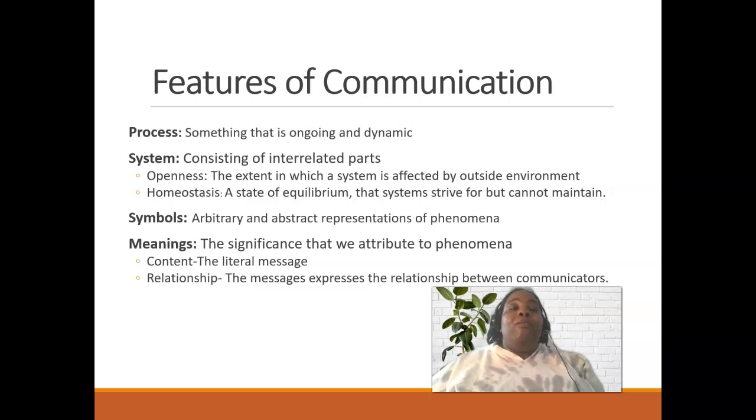But when we think of words within themselves, they're arbitrary and they represent phenomena in the world. However, what gives symbols and words power are the meanings behind them. So we can have two attributions to the different meanings of our words. First, the literal message.